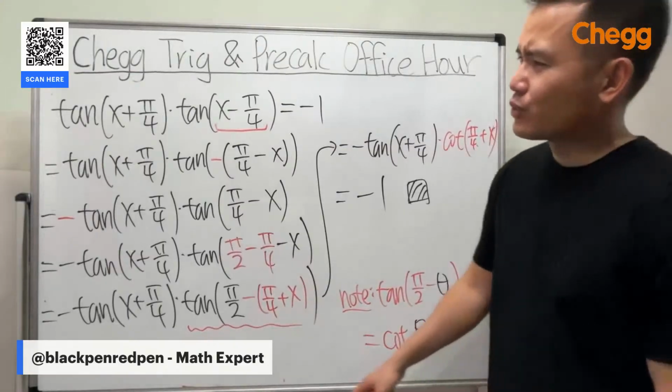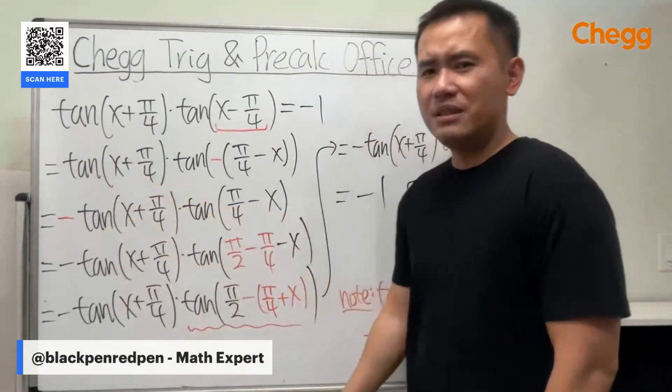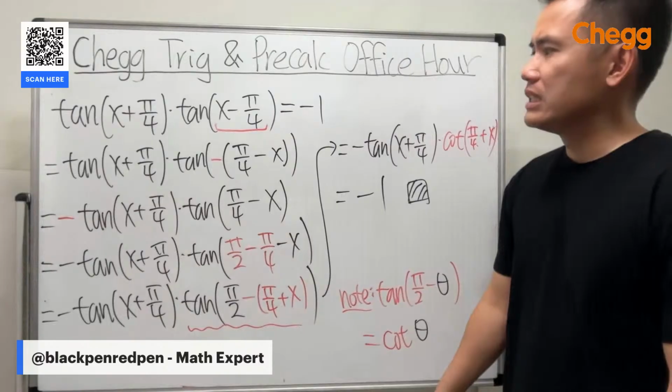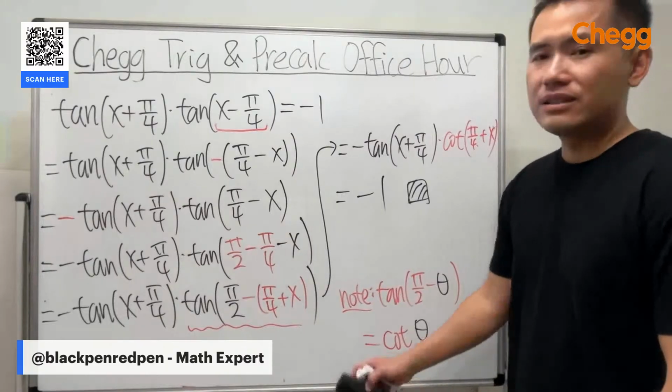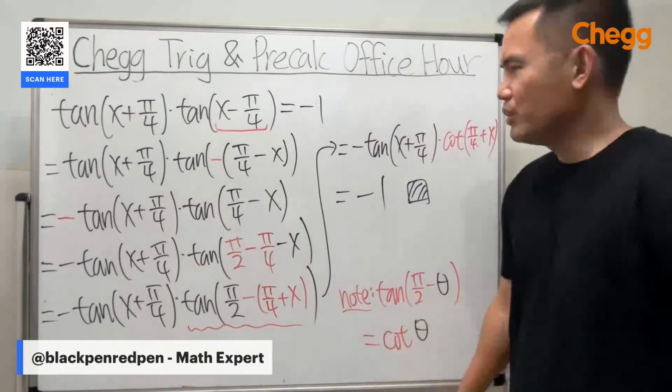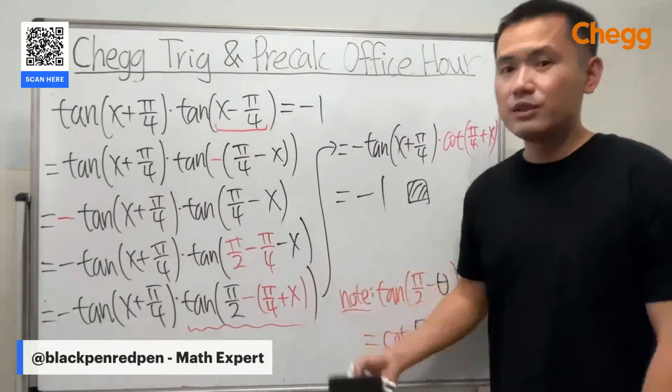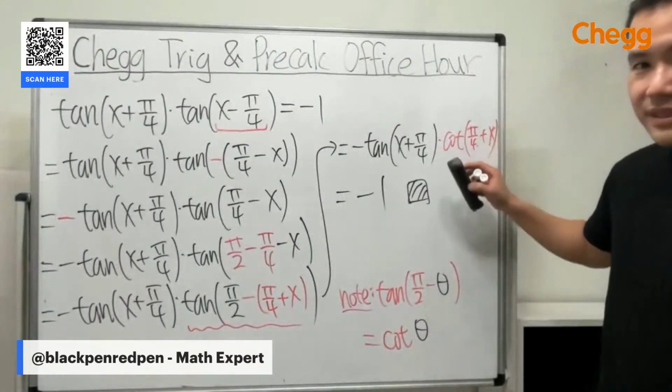Some of you guys might even want to try the angle sum identity, but you didn't have to do that. Yeah, I think this right here, and maybe you could have skipped some steps here and there, can make everything clear for you guys. So that's it.